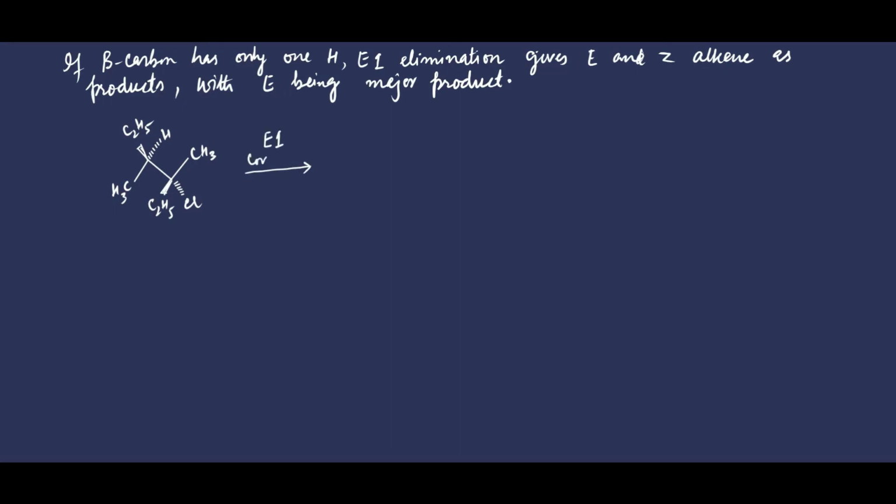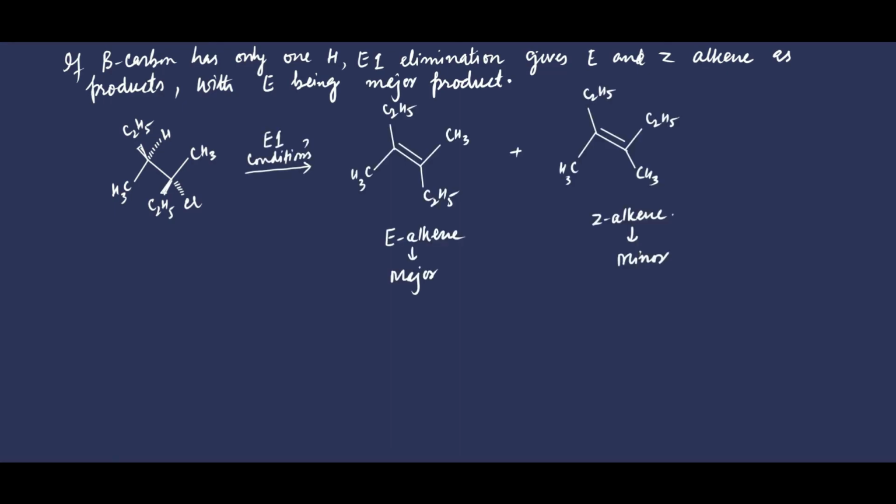If this is subjected to E1 conditions, we get both E and Z alkene products, with E being the major product. Likewise, consider this substrate, wherein we change the orientation of ethyl and hydrogen on beta-carbon, is subjected to E1 conditions. We get the same product mixture with E alkene being major product.